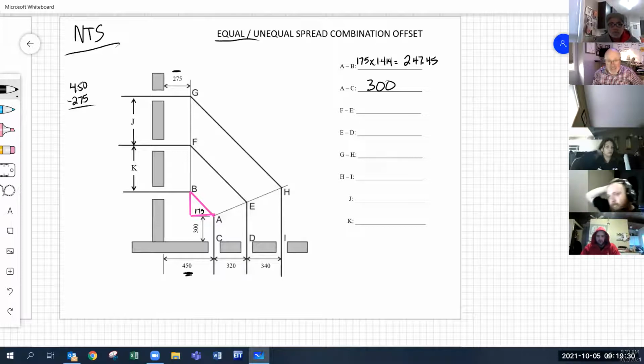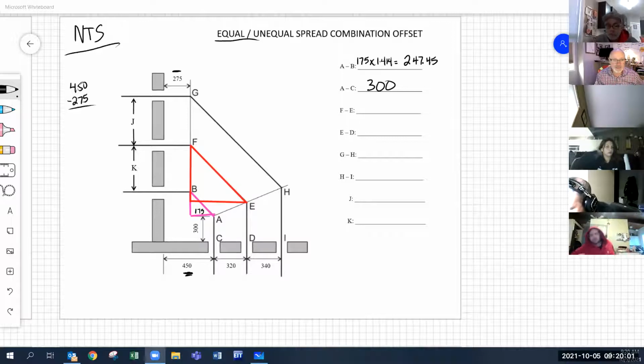Okay, the next one I'm going to solve for in this one is going to be F to E. So what I'm going to do is draw another right angle triangle. So I'm going to go all the way down to here, right to there. Can you see my right angle triangle in there? It's in the red lines.